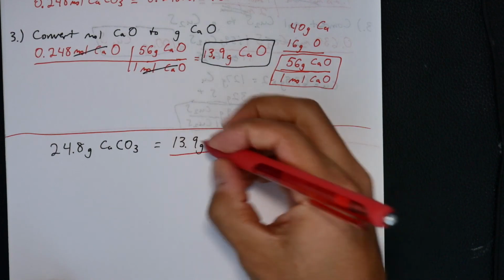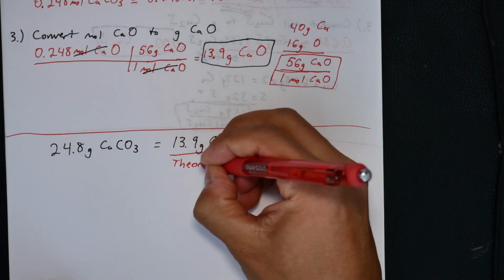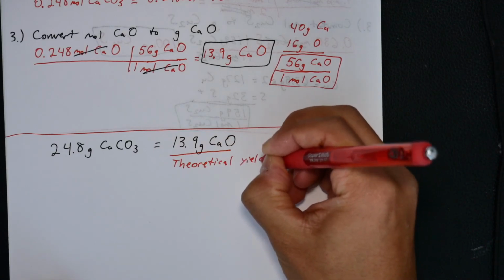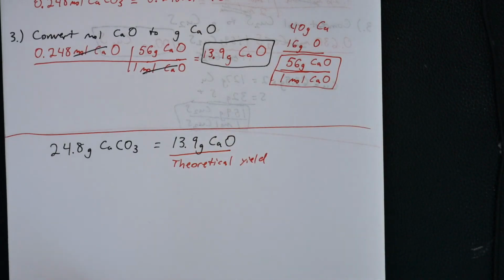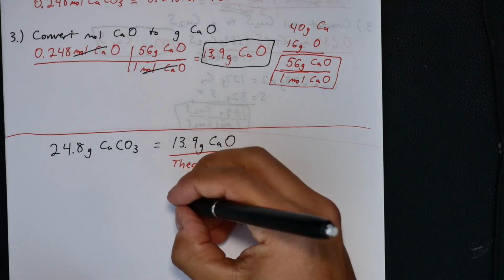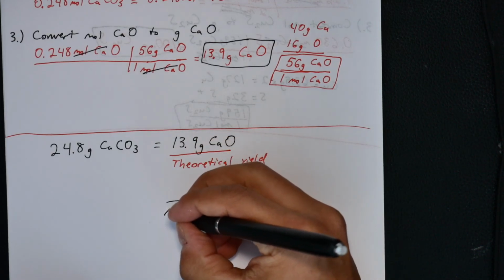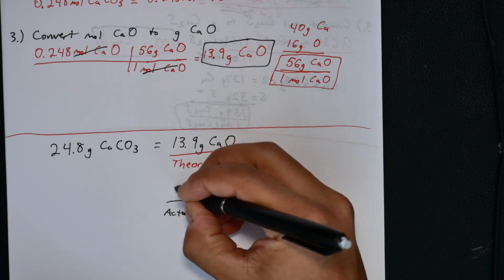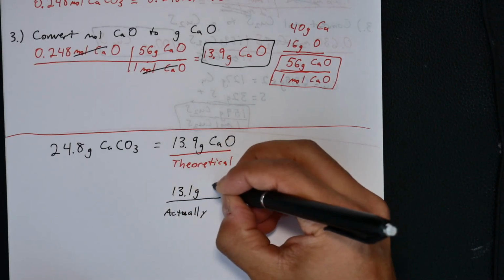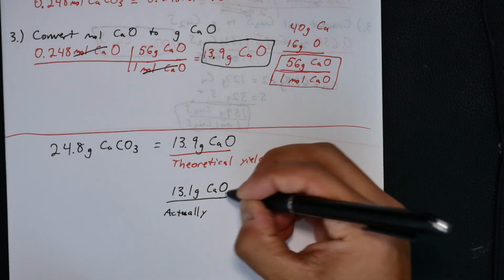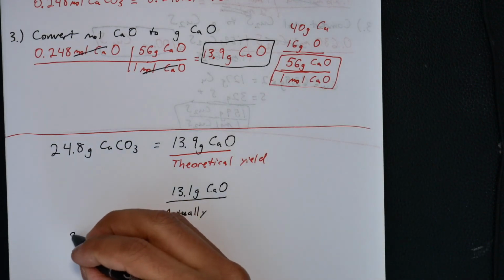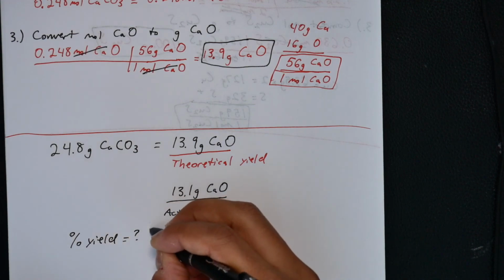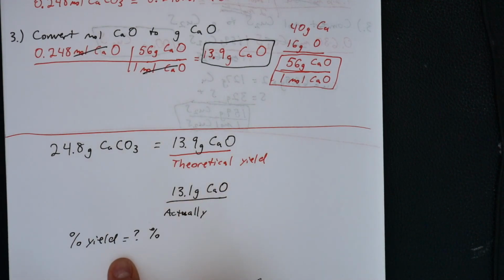So this is our theoretical yield, okay, because this is just based on our calculations. And now the problem on our slides is saying, actually, you only make 13.1 grams of calcium oxide. So what's your percent yield?